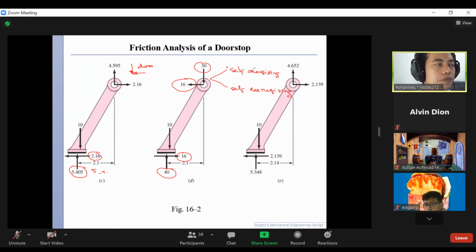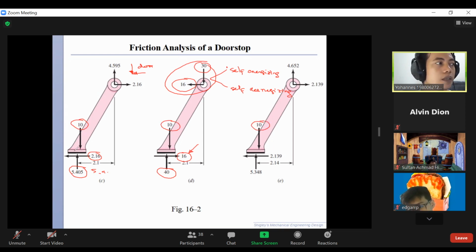What does this mean? Self-energizing means that the force applied on the brake or clutch will increase the frictional force. So it will make this motion lock. So this is called self-energizing because we don't apply higher braking force here. As you can see here, we apply the same braking force.